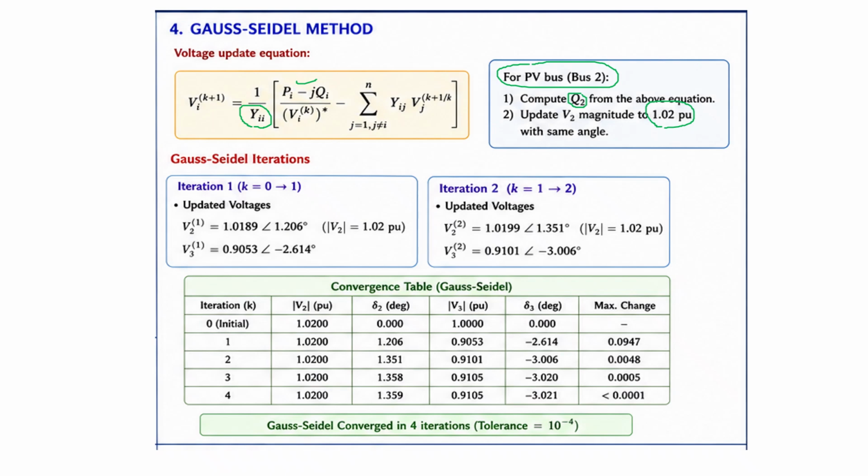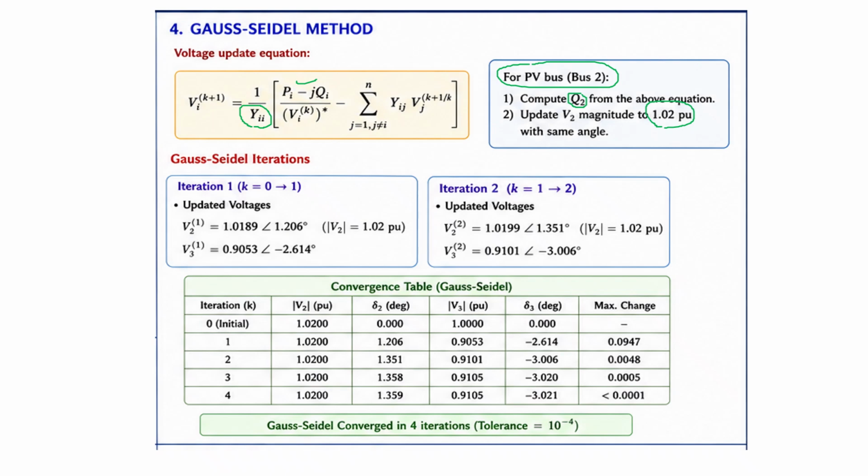Now what will we do? For the second iteration, we will calculate voltage 2 by calculating a new value of reactive power by using the updated voltage. Then we'll go for the calculation of voltage. Then we'll keep the same magnitude of voltage, but we take the new angle.